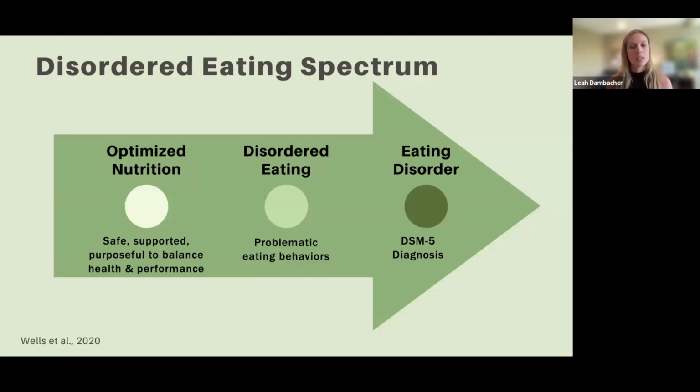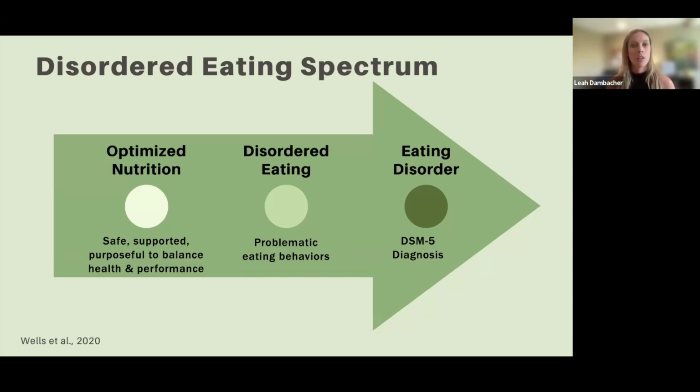And these thoughts might lead to some disordered eating behaviors or some problematic eating behaviors with food. And so oftentimes an athlete during their athletic career might land somewhere along this disordered eating spectrum.